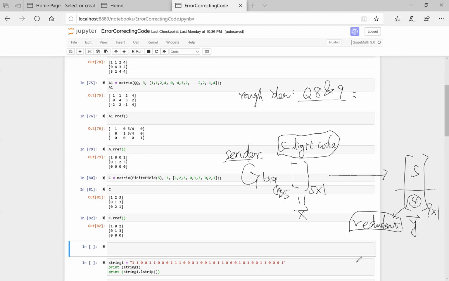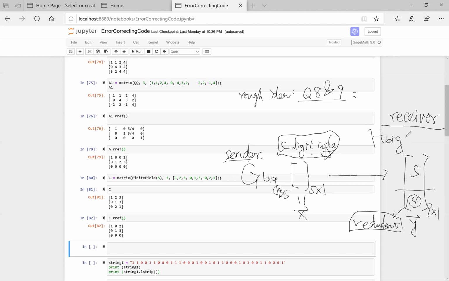All right, if no question, let me come to the receiver side. What the receiver wants, of course, is to recover the 5-digit code, because this is the information, and to detect whether there is an error or even correct it. The receiver is going to have an H matrix called HBig.